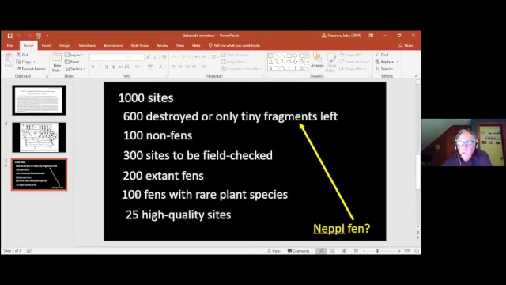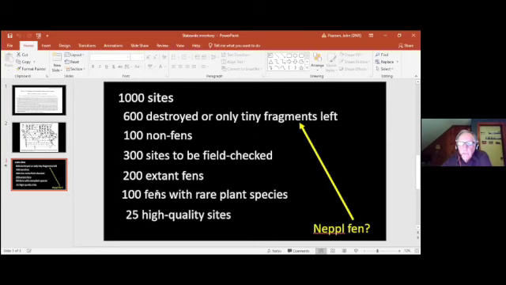Of those 200, we found 100 of them that actually had a rare plant species on them. Something on our endangered, threatened, or special concern plant list, of which there were about 25 species that we knew were fen indicators.